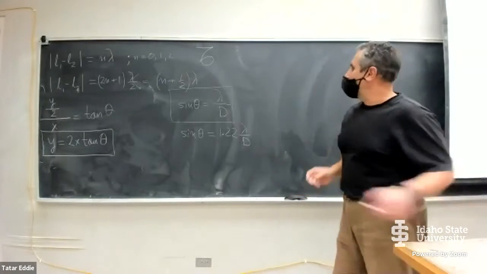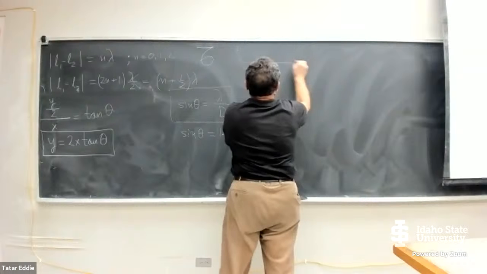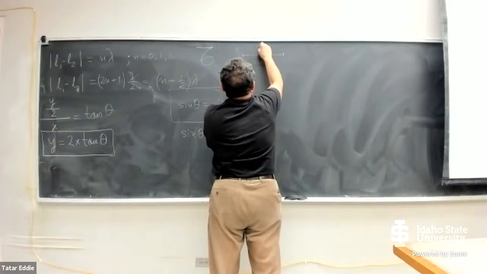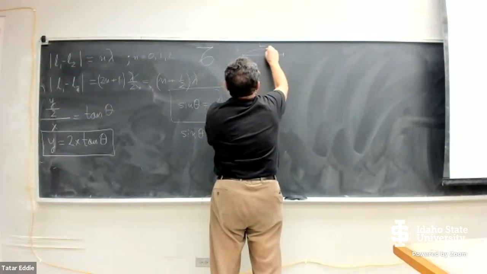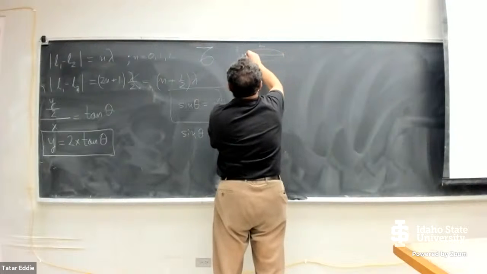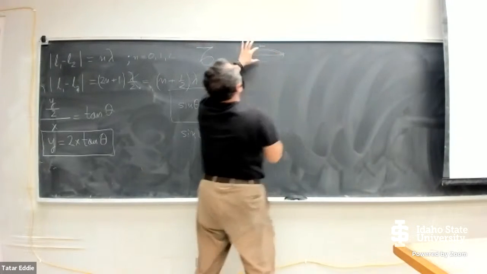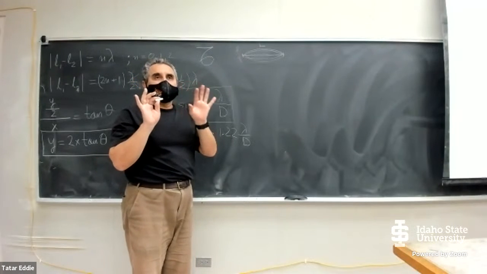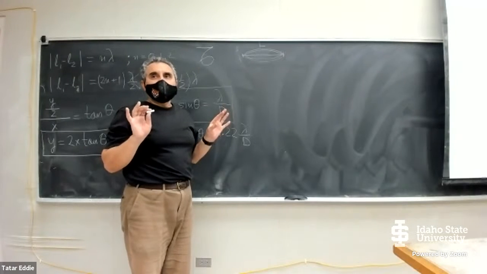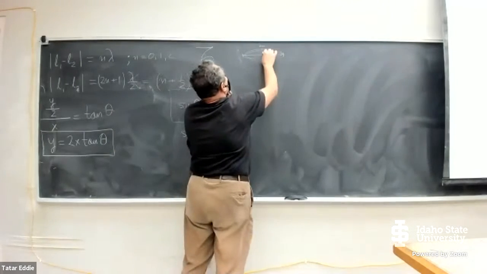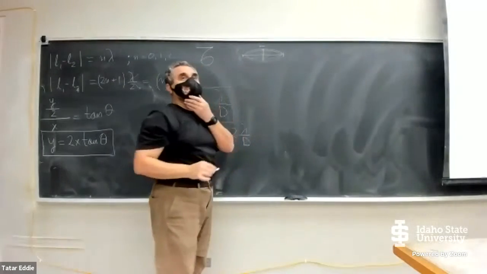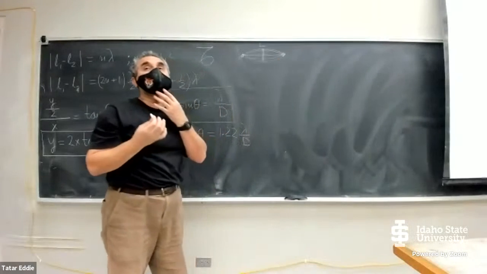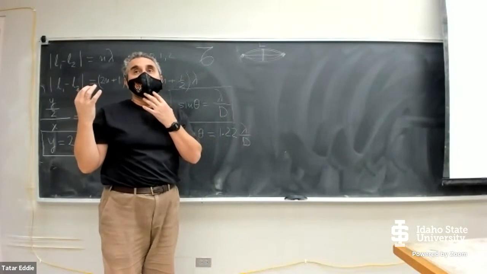Here is the string with length L. The first stable interference pattern is going to look like this. So the string is going to oscillate if the disturbance has appropriate frequency. The string is going to oscillate with high amplitude in the middle, and of course the two ends of the string, which are fixed anyway, are not going to oscillate at all.